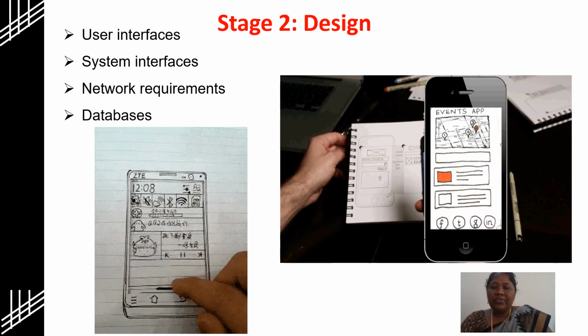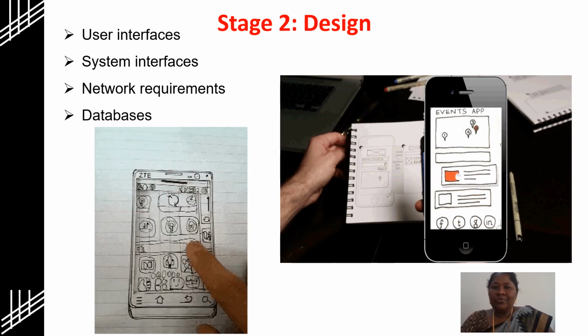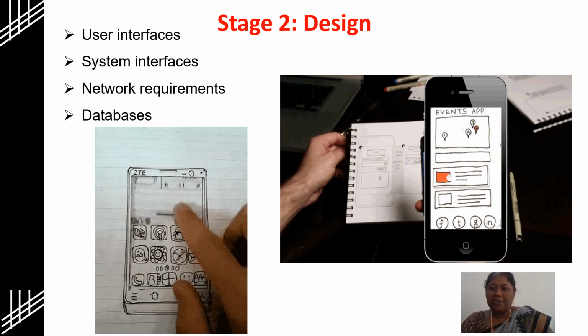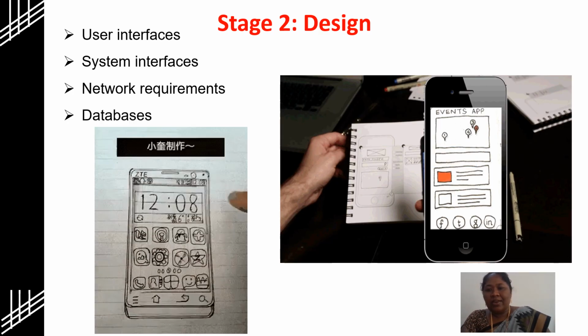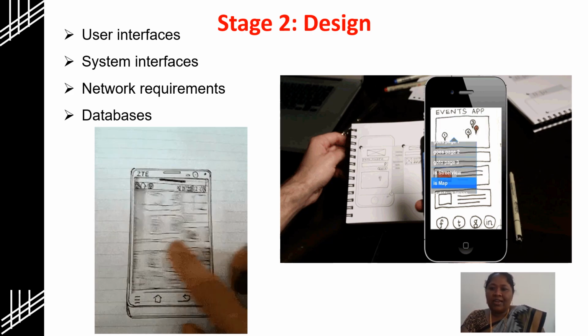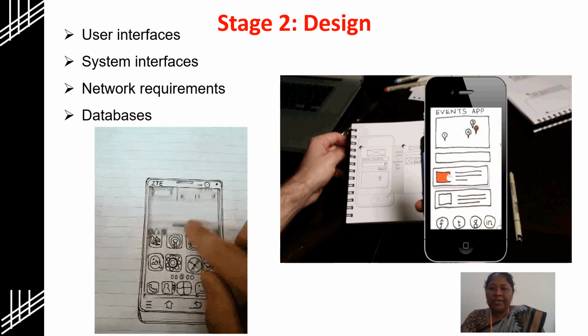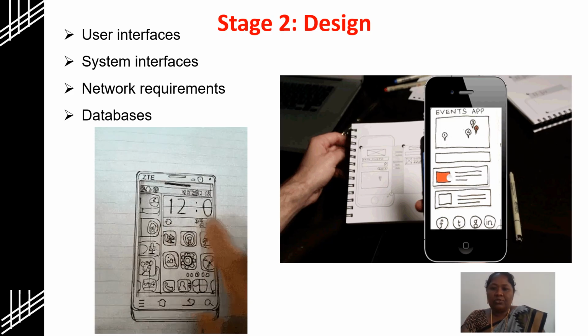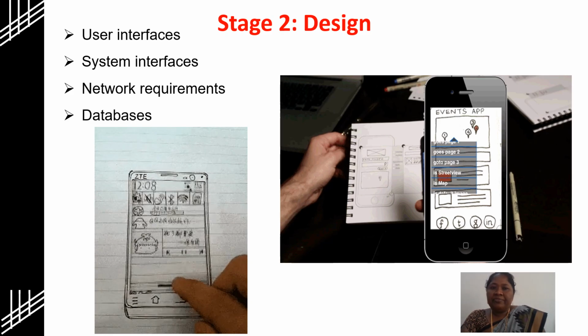So you have to design interfaces for all the user perspectives. First of all, identify the hierarchy of different users and their interfaces, how they are supposed to be designed, and the corresponding code is supposed to be finalized during the designing phase. So this is called the designing phase.